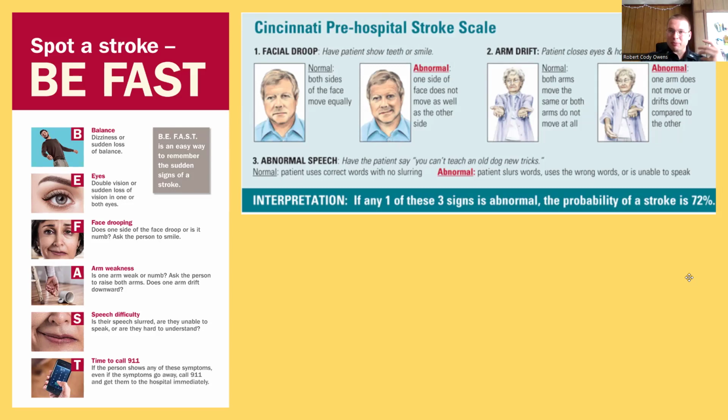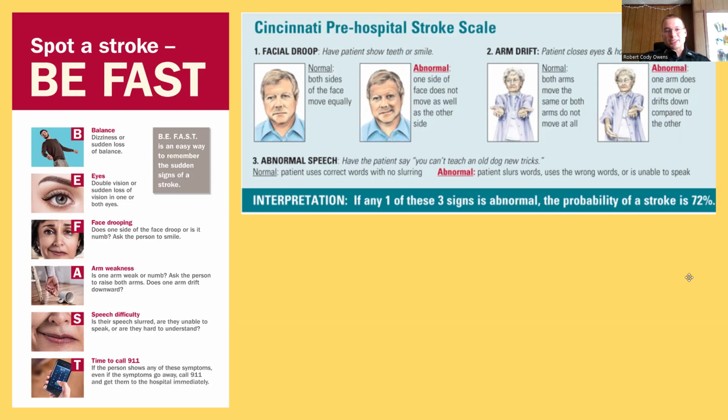One is mixed words, and one is slurred words. The other one is understanding words, because the stroke is either a clot or a bleed. I should have addressed that earlier. Give me a second. And then T is time to call 911, the T of BE FAST. Yeah, I'm kind of all over the place.